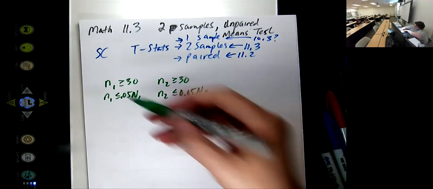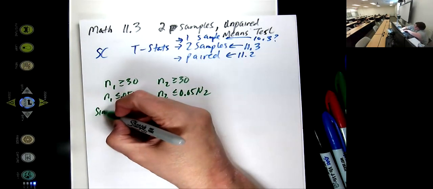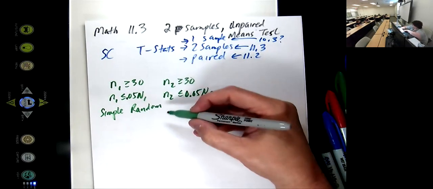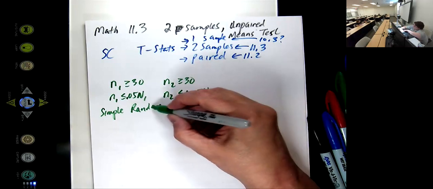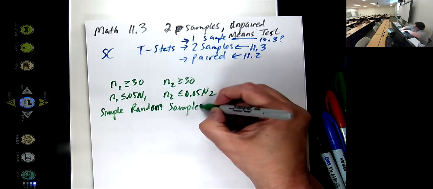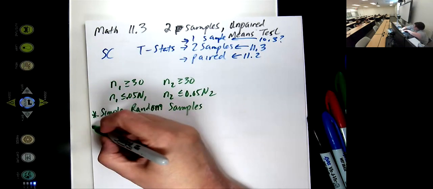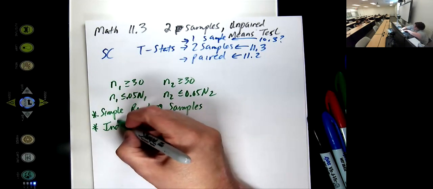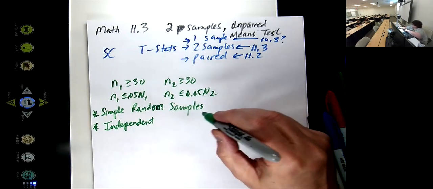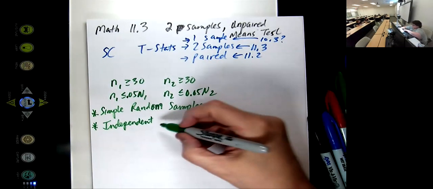We want simple random sampling. And we want independent samples.